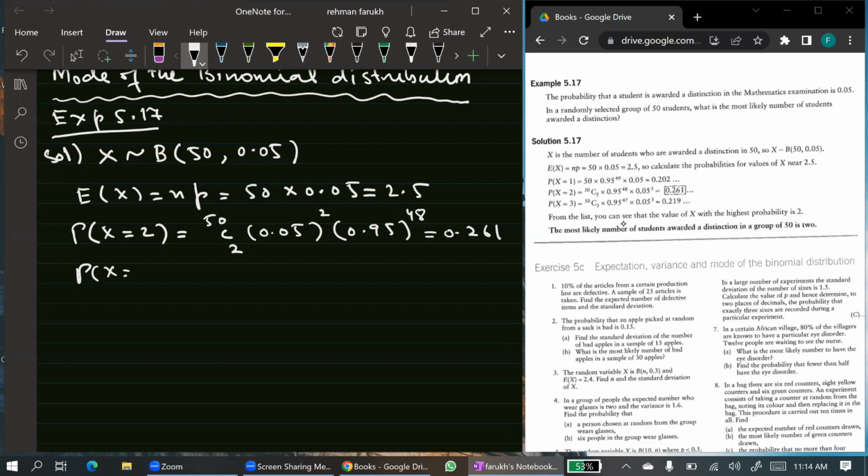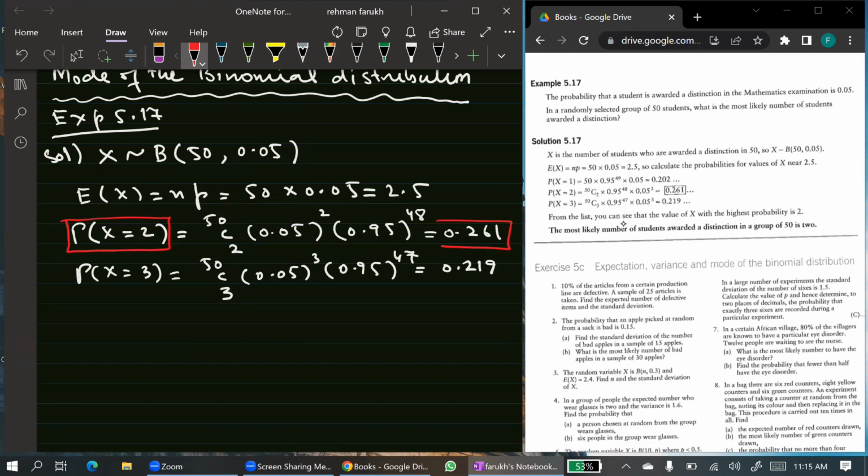We will check the probability of x equal to 3: 50C3, 0.05 power 3 and 0.95 power 47 is equal to 0.219. Now, which number has the greater probability? X equal to 2 has the greater probability. So, x equal to 2 is the mode of the distribution.